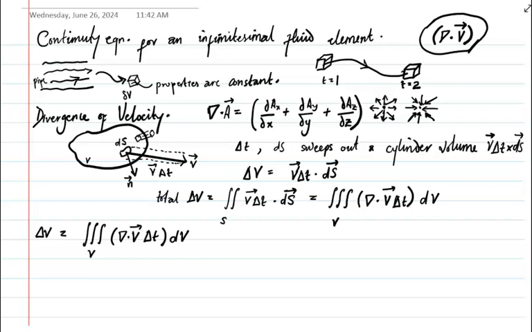Now that we have this, we are going to divide both sides by delta t. Dividing both sides by delta t, we have dV/dt equal to the triple integral of the divergence of v, times one over delta t.